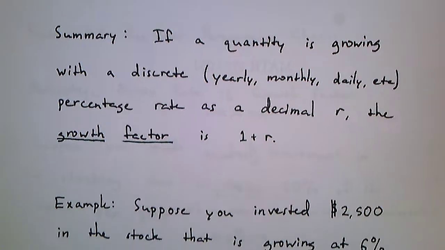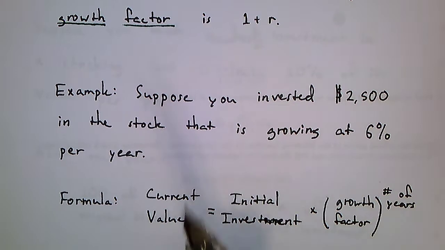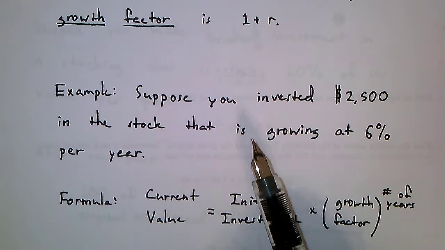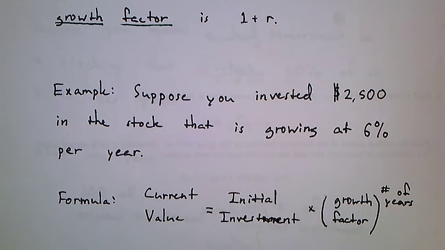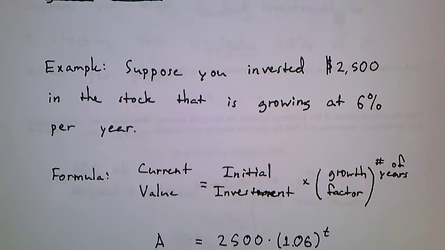Let's continue thinking through our example. Suppose that you invested $2,500 in the stock that is growing at 6% per year. I want to work out a formula for the amount that my stock is worth.